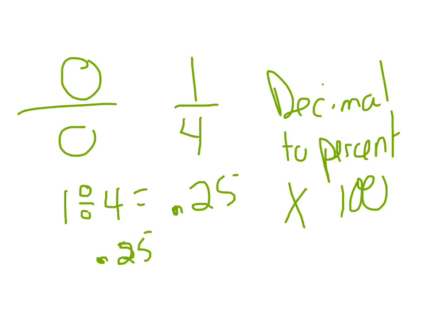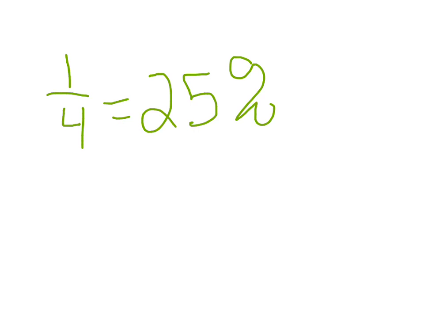So if you take 0.25 and you times it by 100, you would get 25%. So on the next page, we can say that 1/4 is equal to 25%.